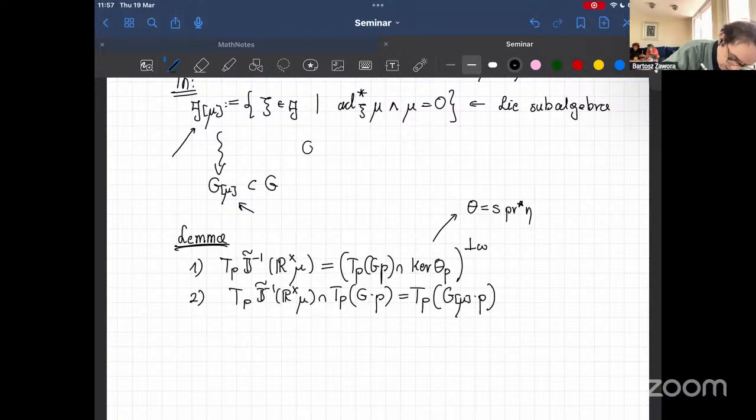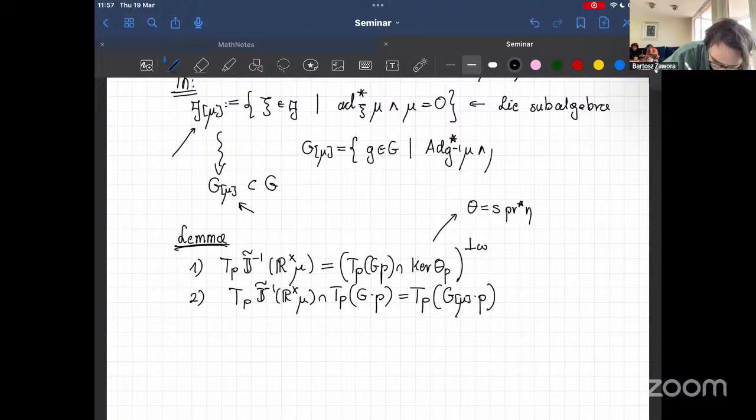Okay, because here G mu, from the definition of the G mu Lie subalgebra, consists of elements in G such that the adjoint action on G star, mu wedged with mu, is equal to 0, right? So it doesn't give mu as in the symplectic setting, but gives something proportional, lambda mu.